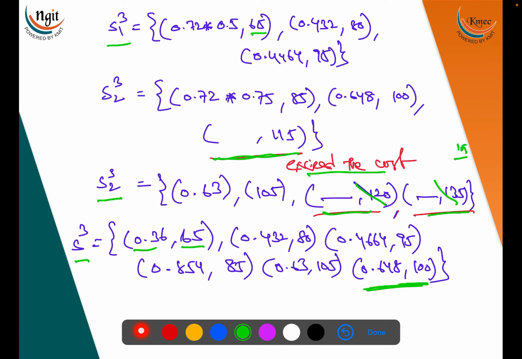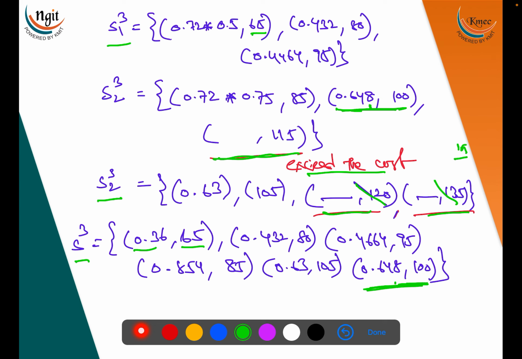Now in which set is it included? In this set it is included. That means D2, D3 is required, D2 is also required, correct? Now from which number did it come?